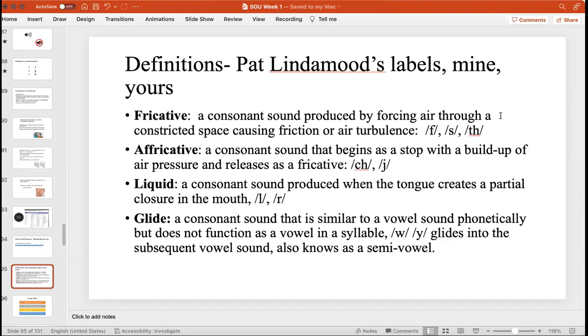When I learned W, WH, and H from a speech and language therapist, they called those wind sounds because a lot of air came out. That's how I learned it, okay? But these are the technical terms.